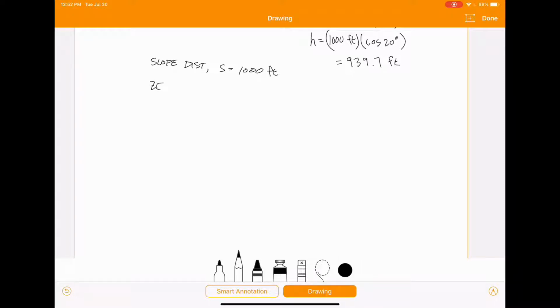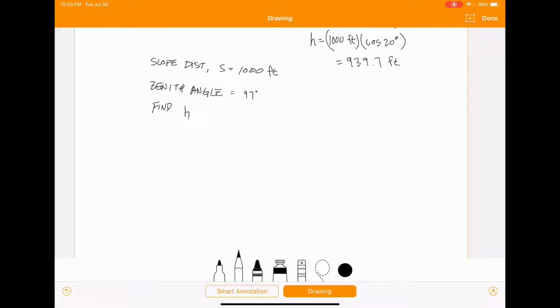But now we're given a zenith angle equal to, let's do 97 degrees. And yeah, we're trying to find our horizontal distance, H.